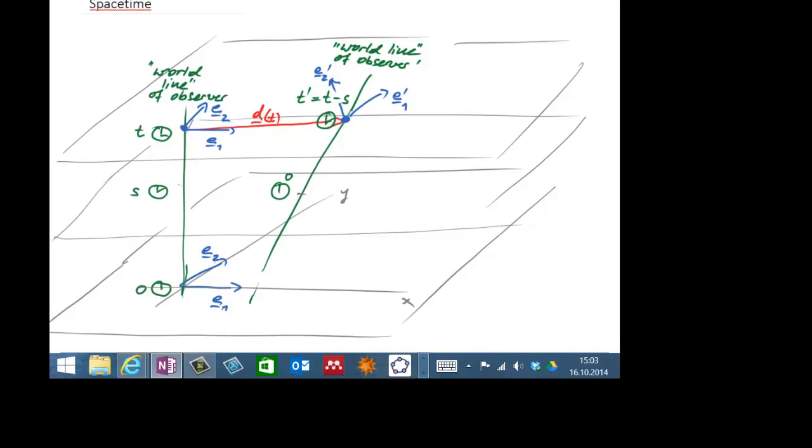So there will be the world line of our body here, and this may be sort of an interesting motion. This is the world line of our body.